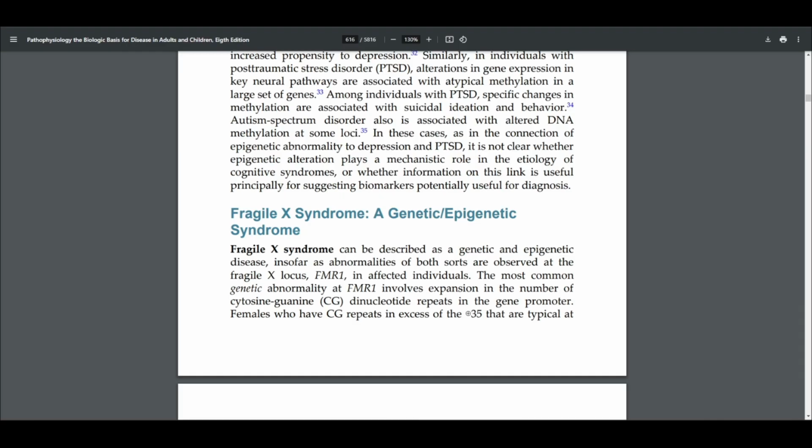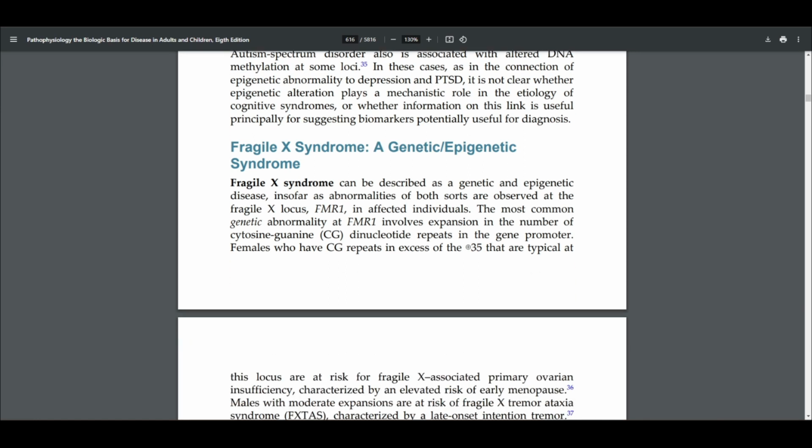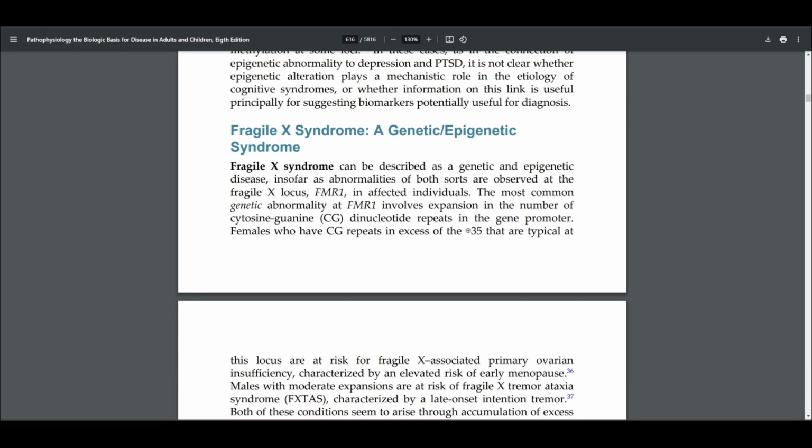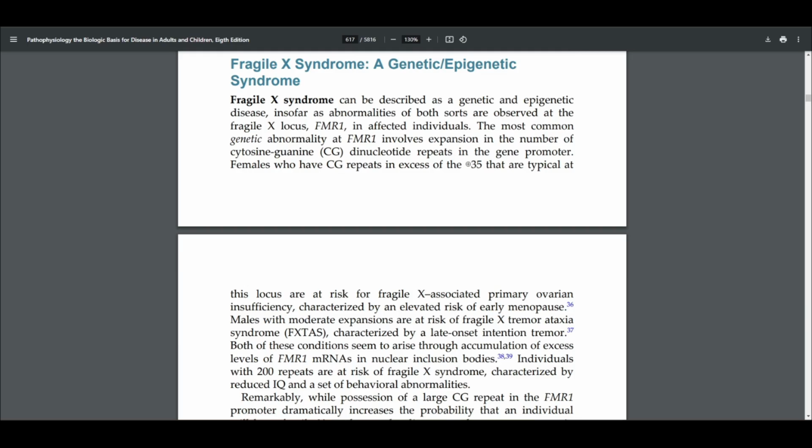In some cases, as in the connection of epigenetic abnormality to depression and PTSD, it is not clear whether epigenetic alteration plays a mechanistic role in the etiology of cognitive syndromes, or whether information on this link is useful principally for suggesting biomarkers potentially useful for diagnosis.